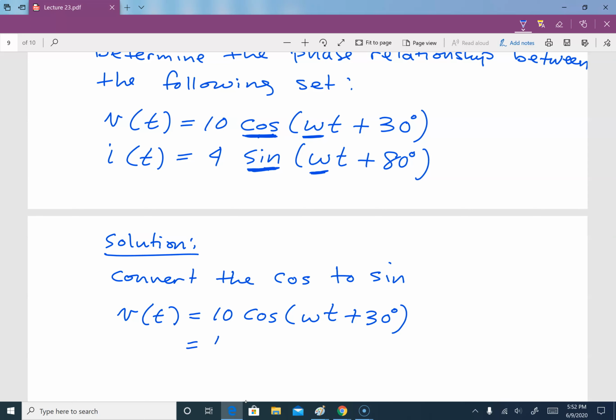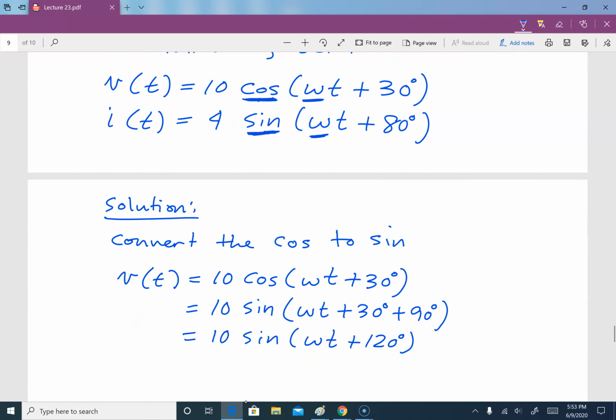This is equal to 10, and now I'm going to convert to sine omega t plus 30 degrees, that was the original expression. However, to go from cosine to sine, you have to add 90 degrees. Then you will have this as 10 sine omega t plus 120 degrees.